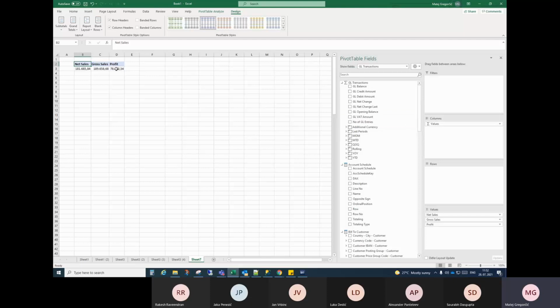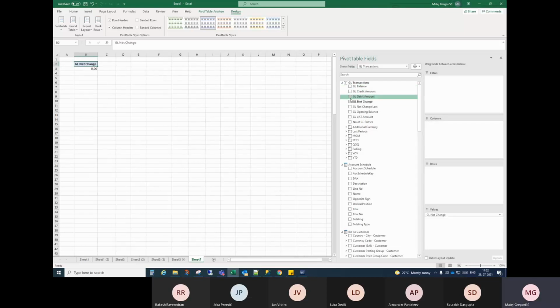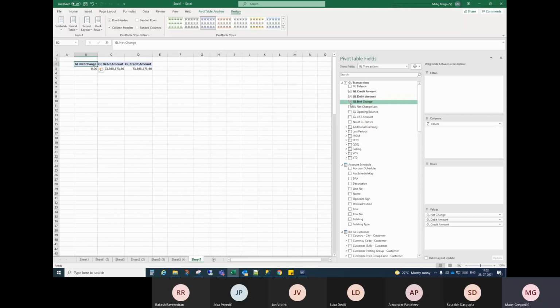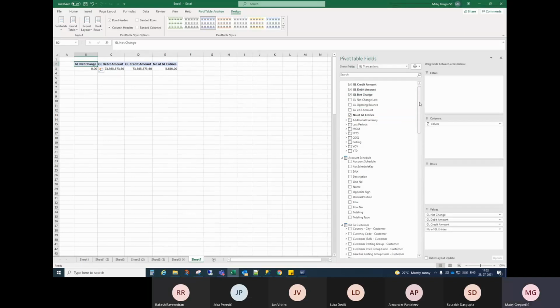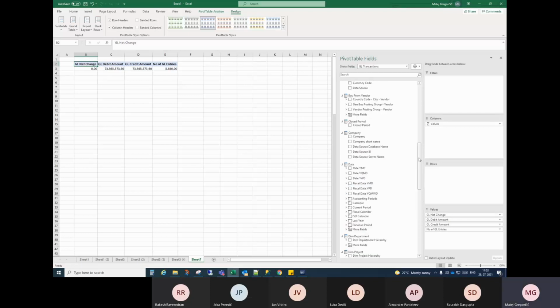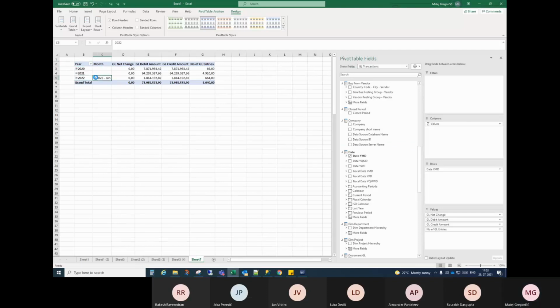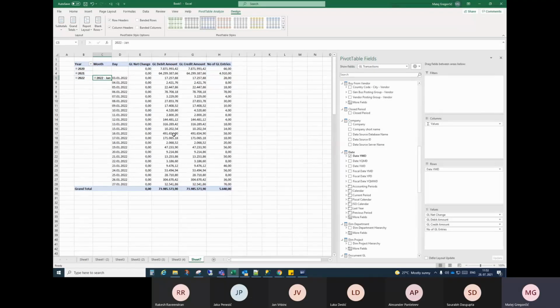Not only the base measures, but also data warehouse measures and DAX measures. If I click through them, number of GL entries. And because we have added some dimensions, it will also work with dimensions like date. So we'll have these entries available: month, day, and so on.